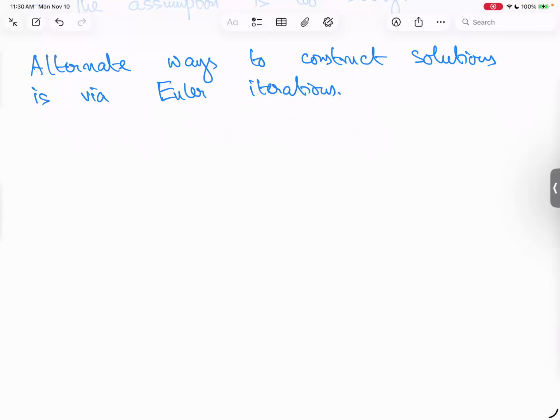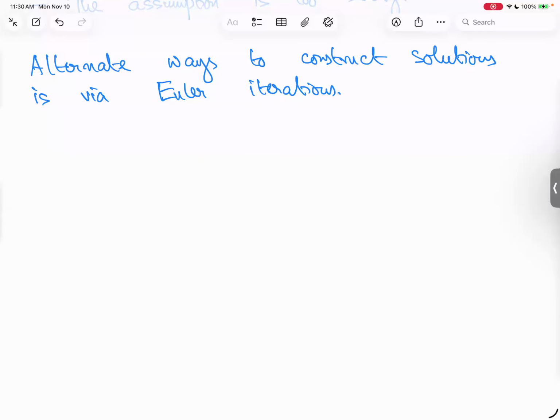So what is Euler iteration? Euler iteration is a time discretization of this flow where we construct a sequence of points which approximately satisfies this gradient flow equation. And we take a limit of this sequence and see if such a limit exists, and this limit satisfies the ODE.